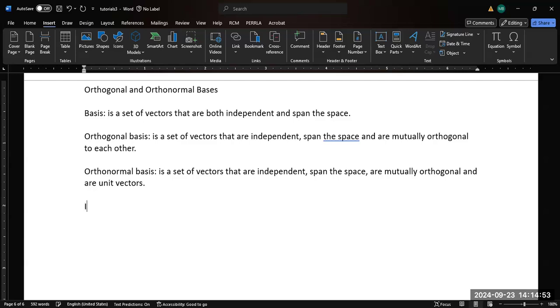So is this set of vectors an orthogonal basis? Let's look at an example in R3.